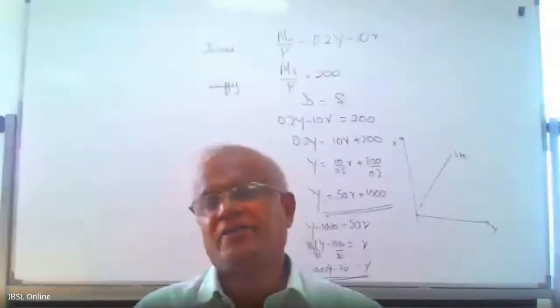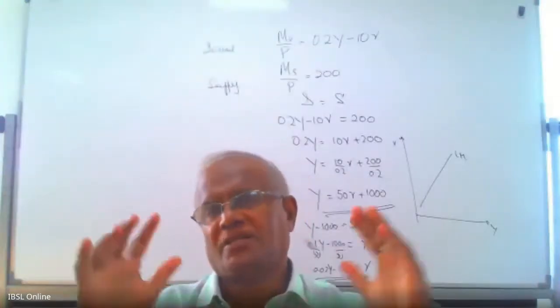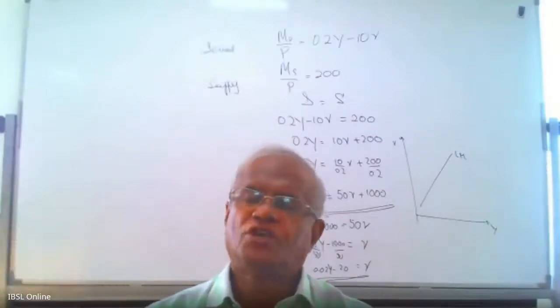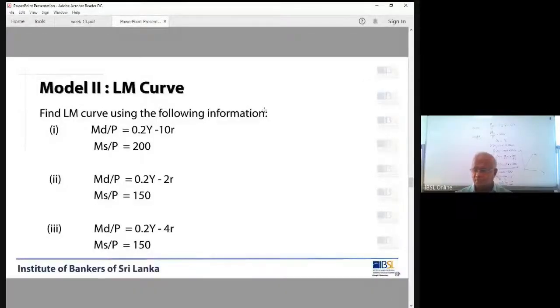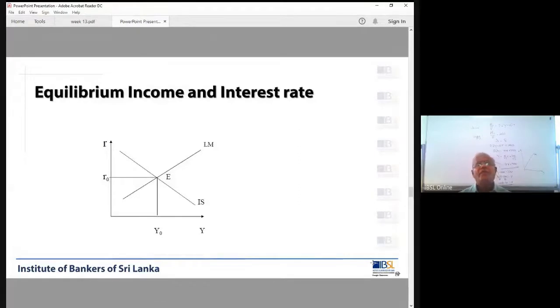Now we have derived the IS curve and the LM curve for our simple economy, a closed economy without government. Now, equilibrium income and interest rate. We derive the IS curve separately and the LM curve separately: upward sloping LM curve, downward sloping IS curve. Along the IS curve, the goods market is in equilibrium.